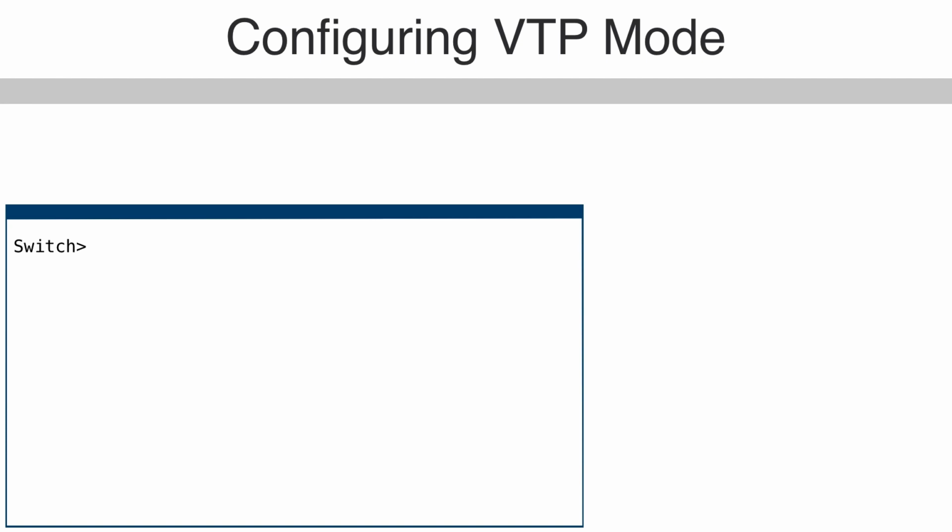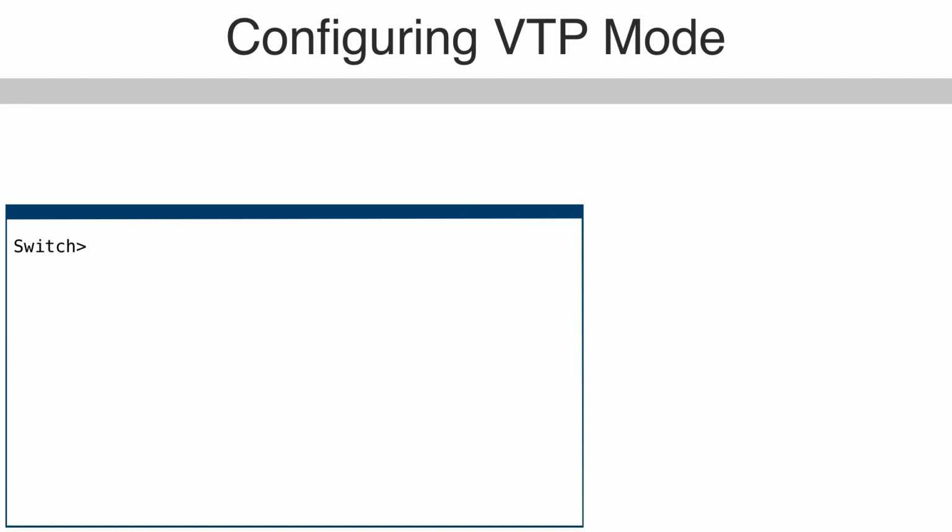In VTP transparent mode, VTP is disabled on the switch. The switch does not send VTP updates and does not act on VTP updates received from other switches. However, a VTP transparent switch running VTP version 2 does forward received VTP advertisements on its trunk links. VTP off mode. VTP off mode is the same as VTP transparent mode, except that VTP advertisements are not forwarded.